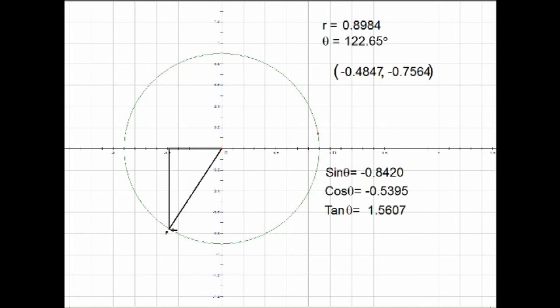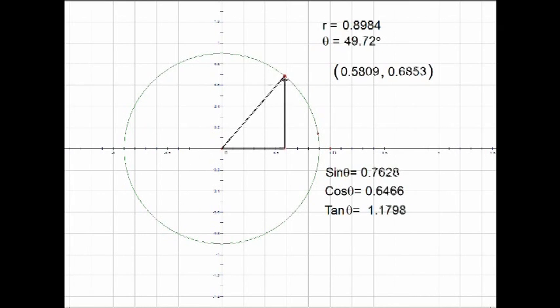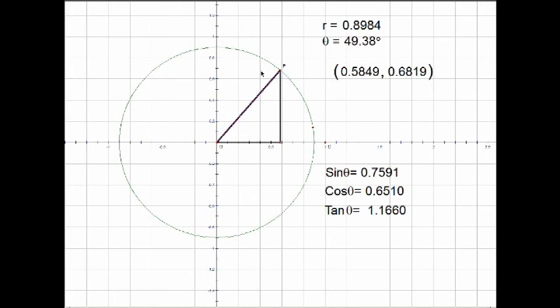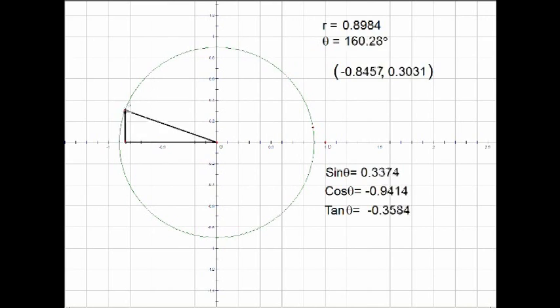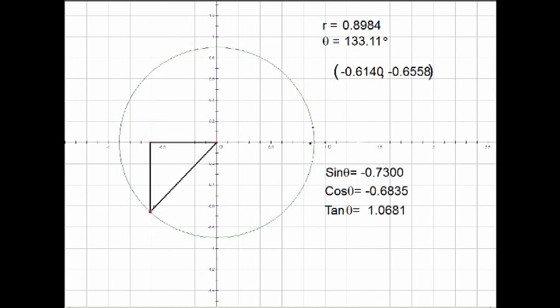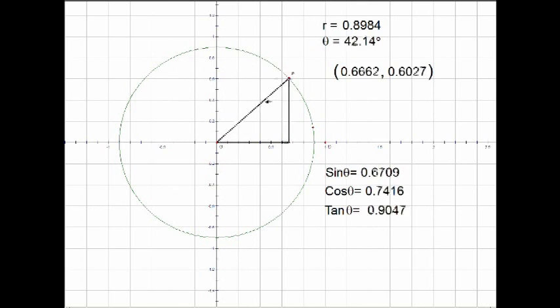The way that I look at it, though, is that if the vertical side is up, then the sine is going to be positive. And if the vertical side is down below the x-axis, it's going to get counted as a negative quantity. So up means positive and down means negative.